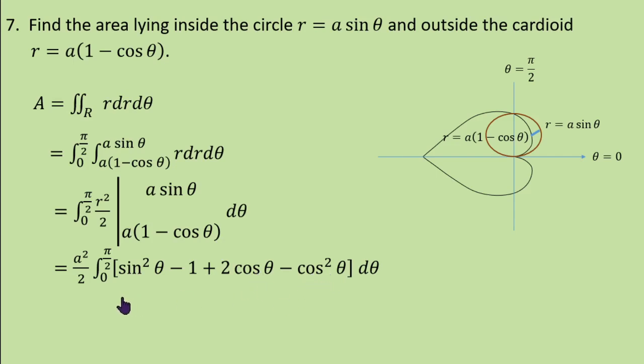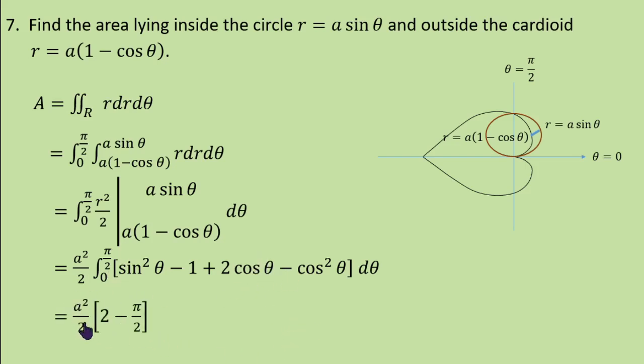Now 0 to pi by 2, integral of sin square theta and cos square theta is same, therefore it cancels because here minus sign. And integral of 1 is theta, limit is pi by 2. So minus pi by 2. And integral of cos theta is 1 from 0 to pi by 2 because n is 1.